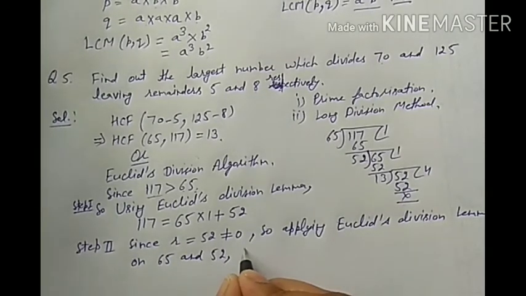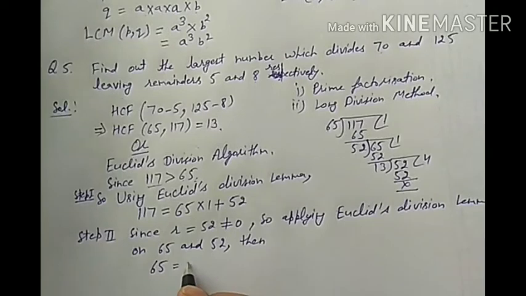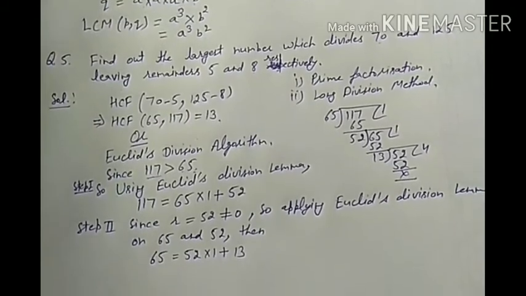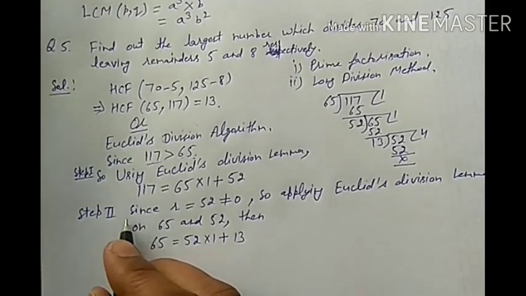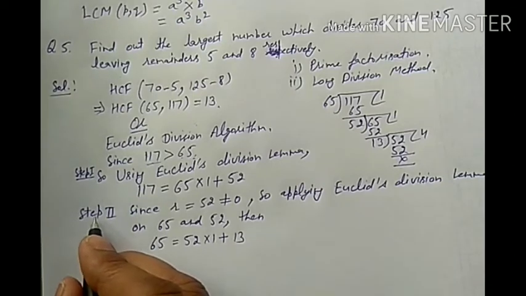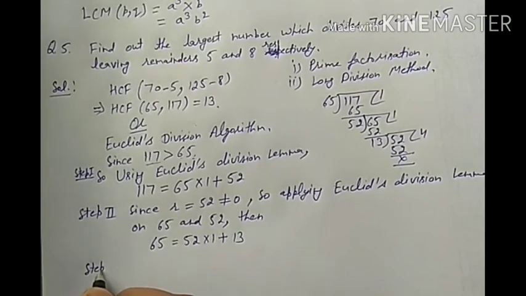Then we get 65 is equal to divisor into quotient plus remainder. Again, we can write here step 3 or step 2 continued, because step 3 can be our HCF. Otherwise you can write here step 3.